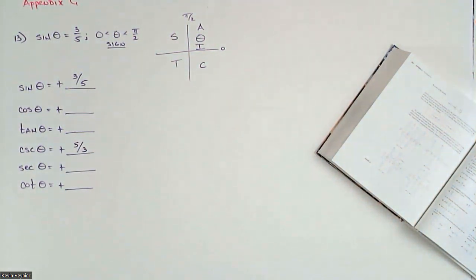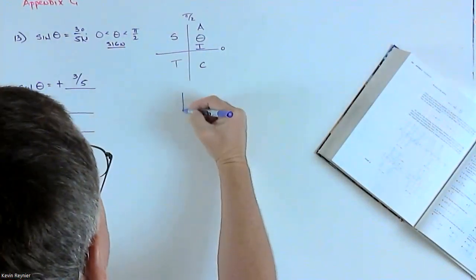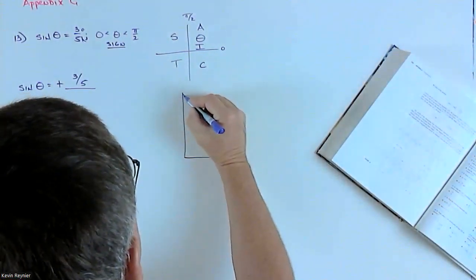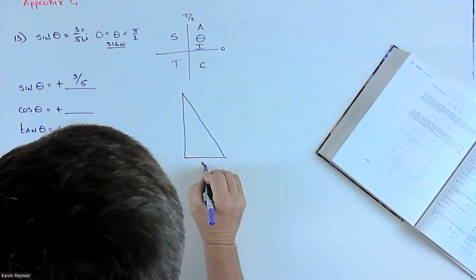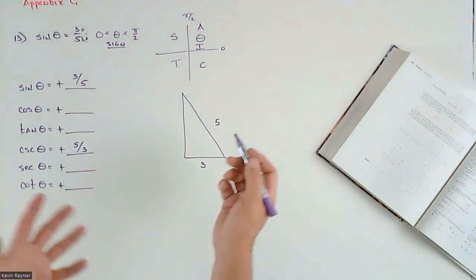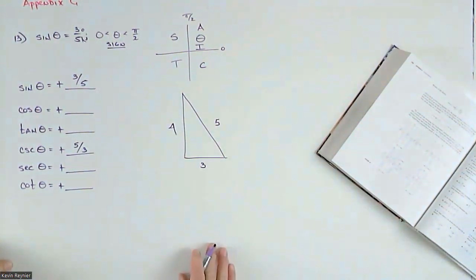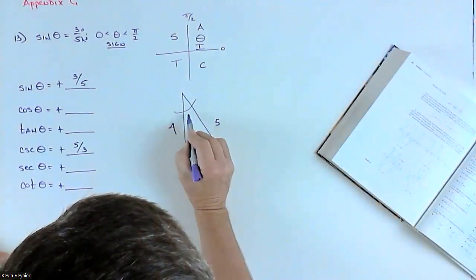Now, how do we find the other ones? Well, we draw the triangle. We know sine is opposite over hypotenuse. So we have a right triangle where the opposite side is 3 and the hypotenuse is 5. Well, that means if we use the Pythagorean theorem or our knowledge of 3, 4, 5 triangles, this side is 4.